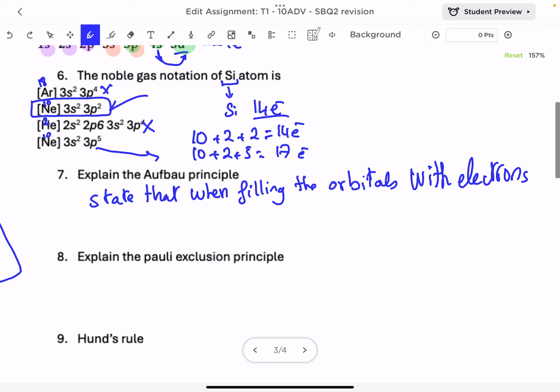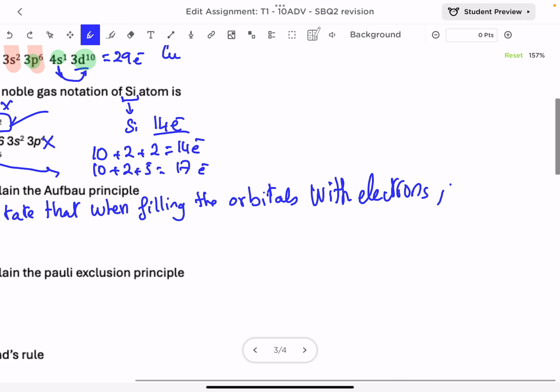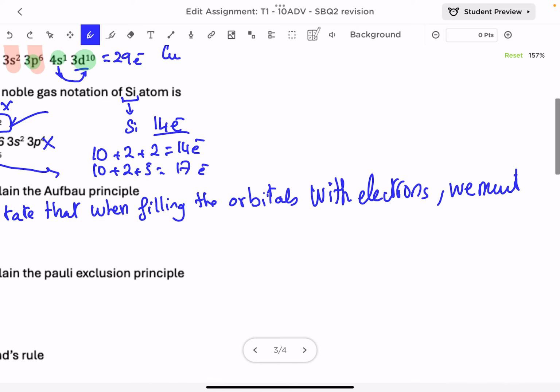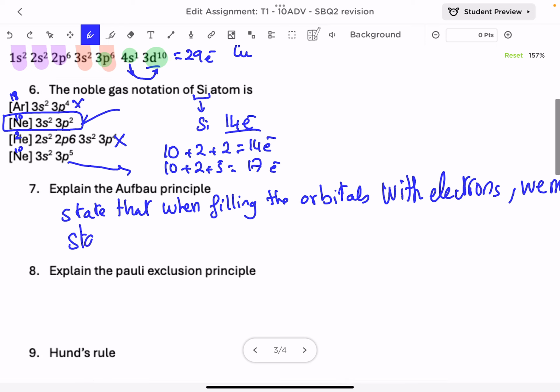It says explain, so you explain it properly. So when filling the orbitals with electrons, we must start from lower to higher energy levels.